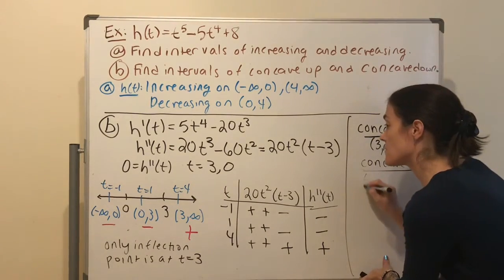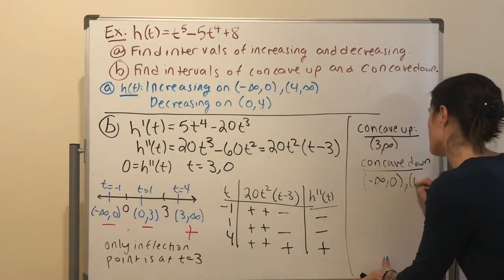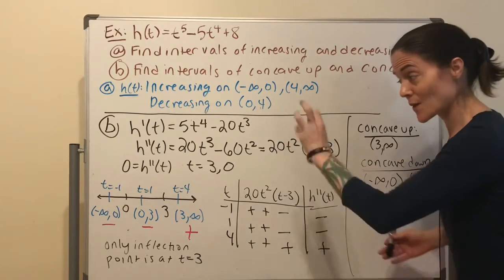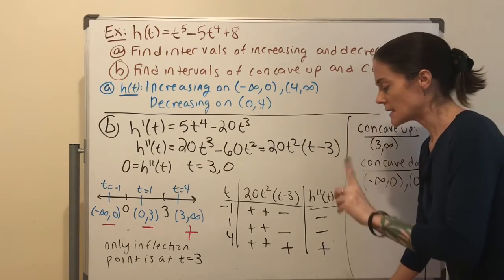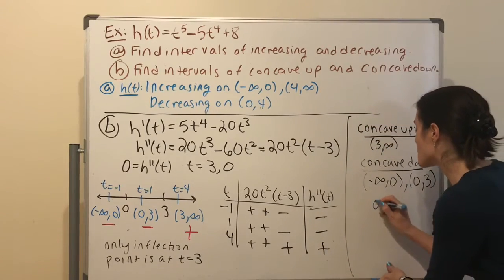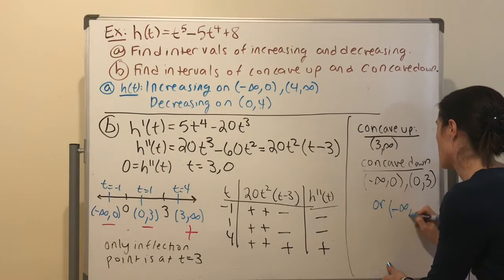You can either just list the intervals like this. That's perfectly fine. It's how it was divided, okay? Another way you can list, maybe I'll do this in blue, you could also just put them together.